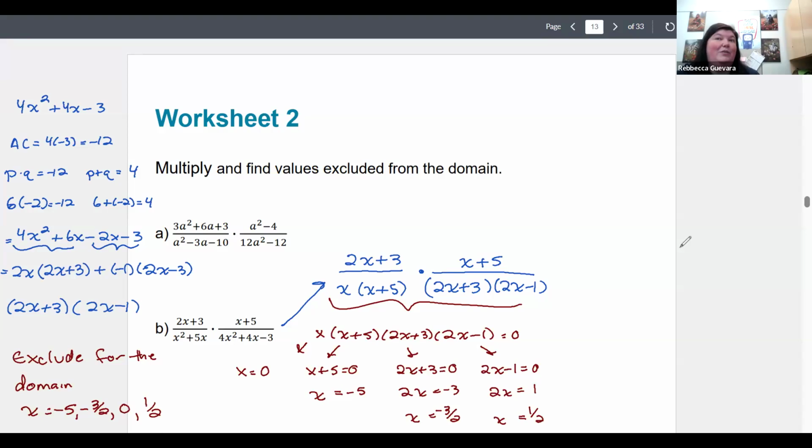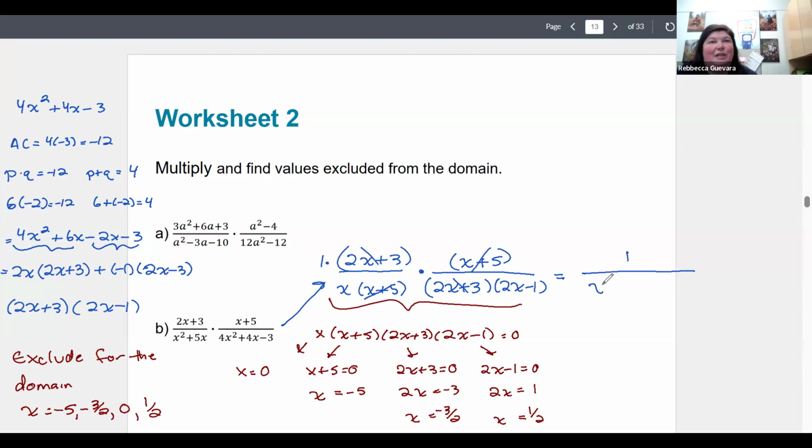So now that we have the domain, we can start simplifying. Always factor, find domain, then simplify. So this and this eliminate, this and this eliminate, and I'm left with, remember, if there's nothing here, there's always this invisible 1. There's still a 1 on the top.